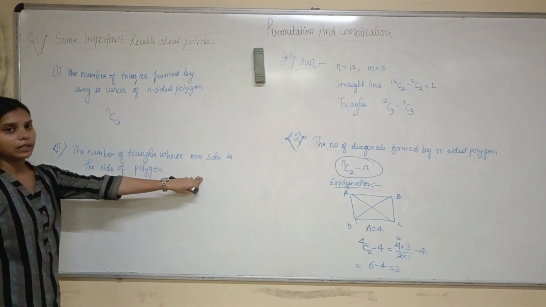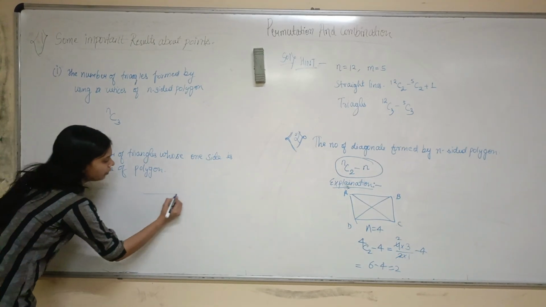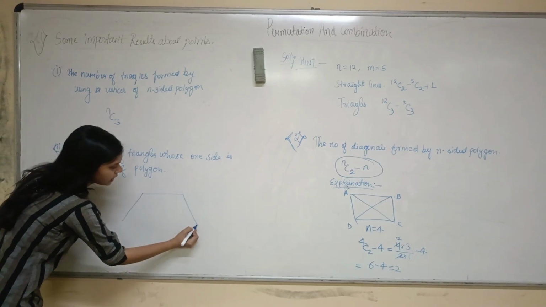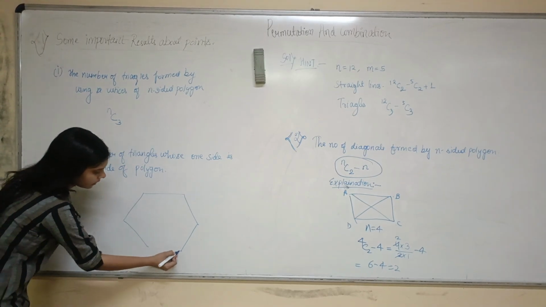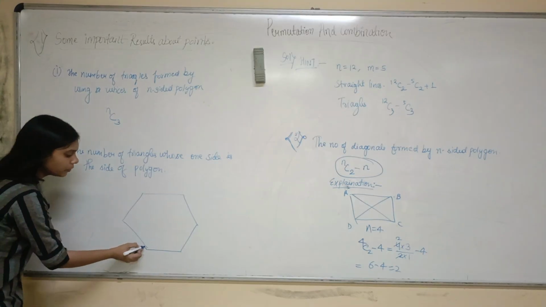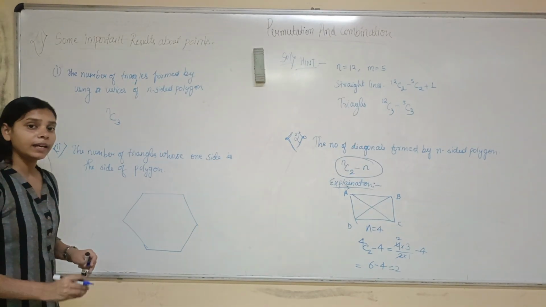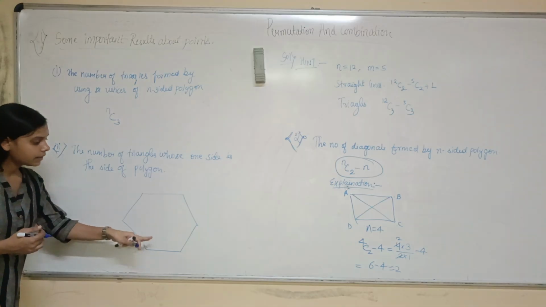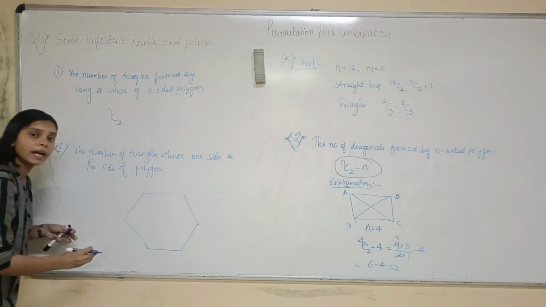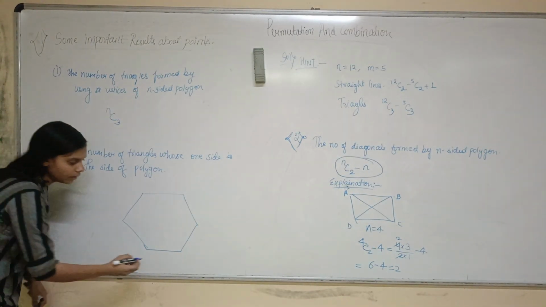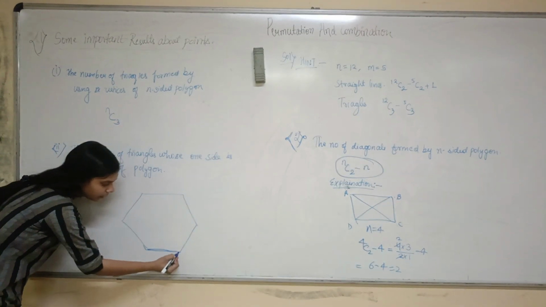What does this statement say? Suppose you have a hexagon, meaning 6 sides. Now we have to form a triangle in such a way that the triangle contains only one side of this polygon. Okay, one side means this is a side.